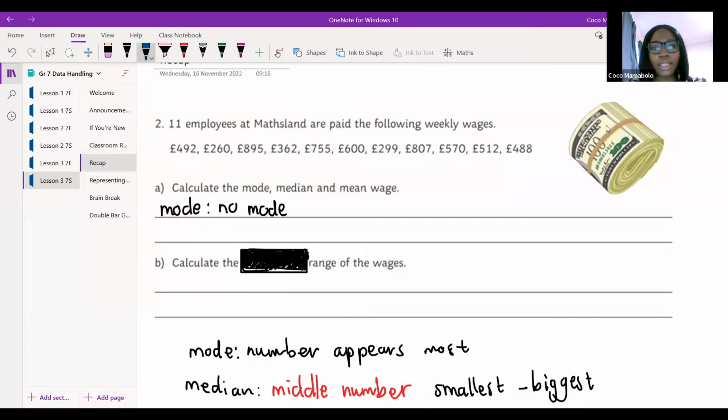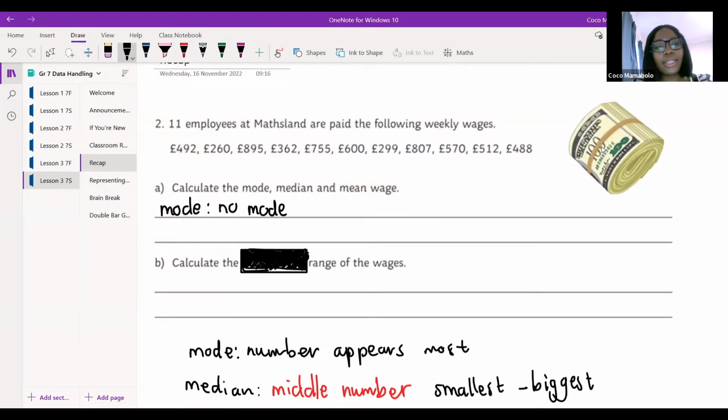Good. All of the numbers only appear how many times? Once. Every single number only appears once. Excellent. Well done, Lilinda. The reason we have no mode is because there's no number that shows up the most. Every number shows up once.